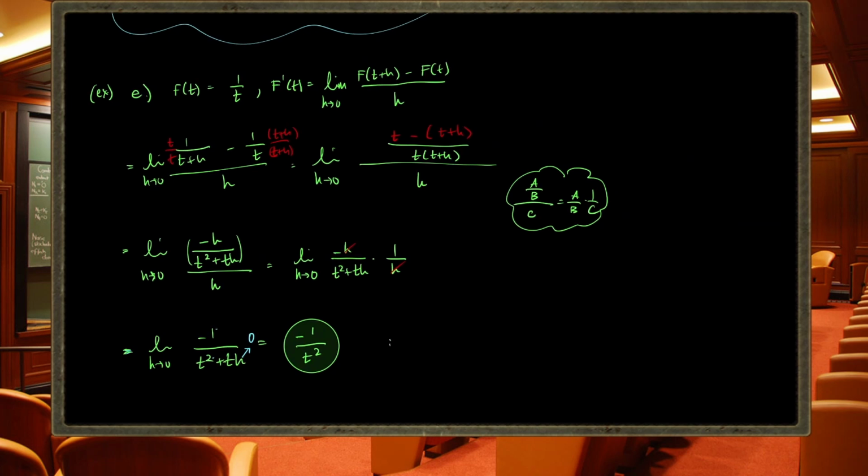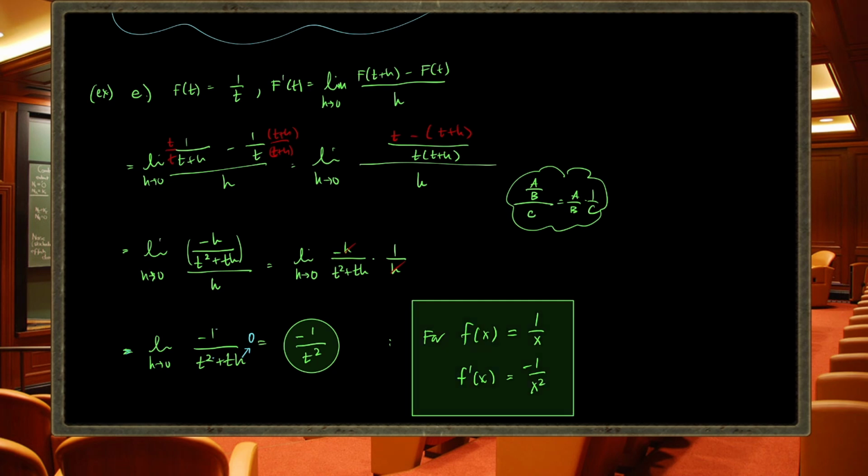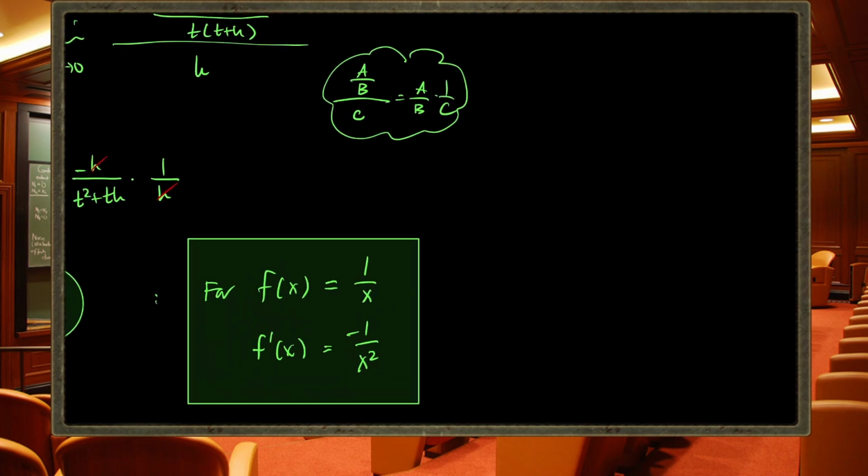So what does this tell us? This tells us that for f of x equals 1 over x, f prime is negative 1 over x squared. Okay, and this actually lines up with our power rule from before, and I want you to jot this down as well.